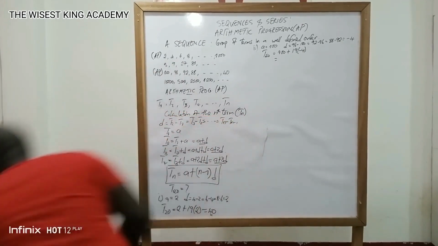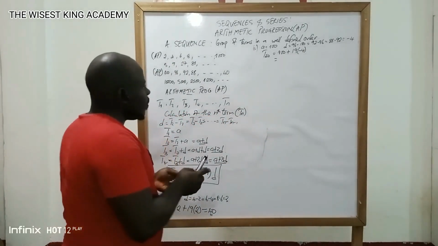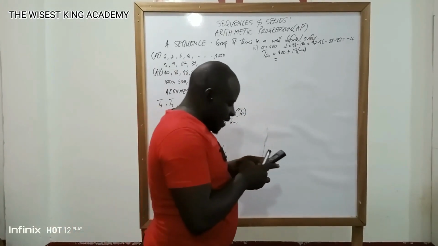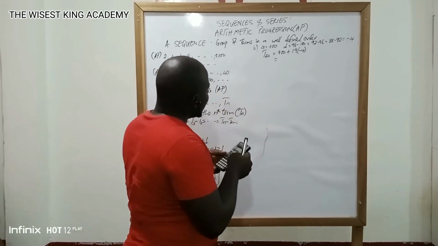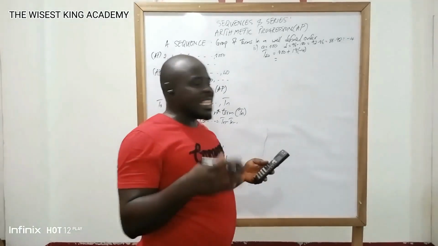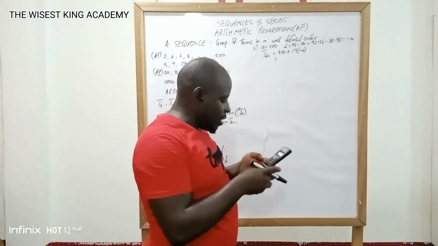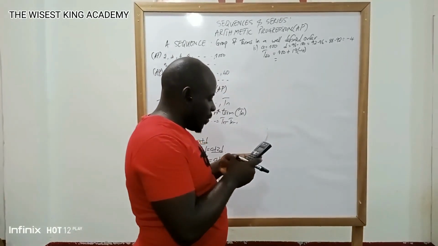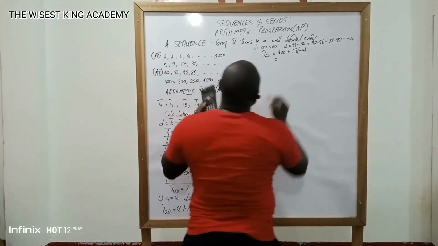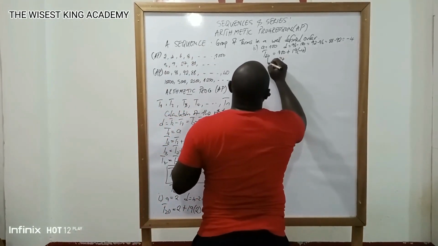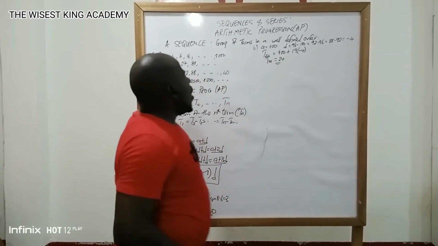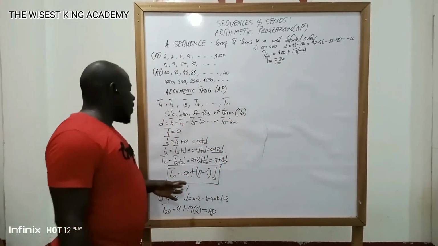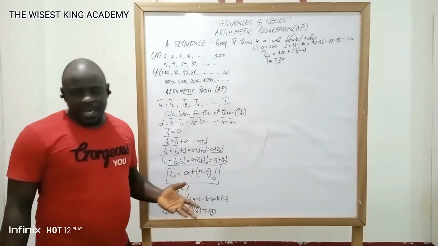So let's calculate. Let me take a calculator. 19 times 4 is 76, that's negative 76. So 100 minus 76 gives 24. So T20 is equal to 24. That's the 20th term. Okay, so that is how we can calculate the nth term of an AP.